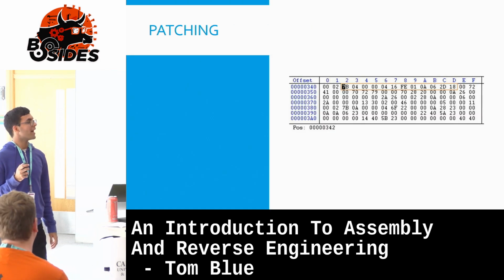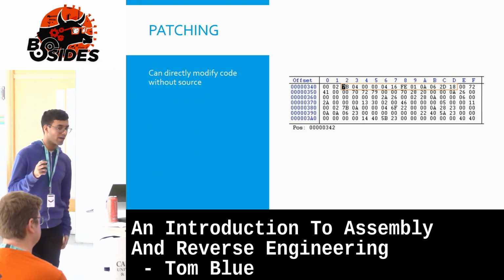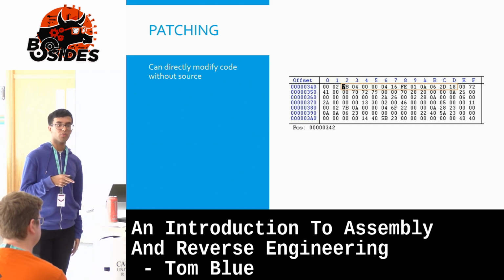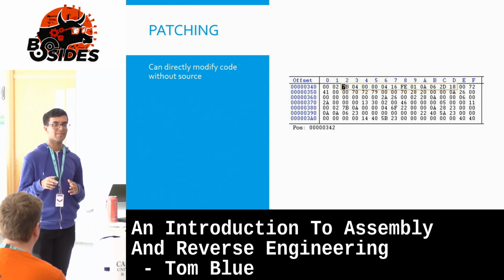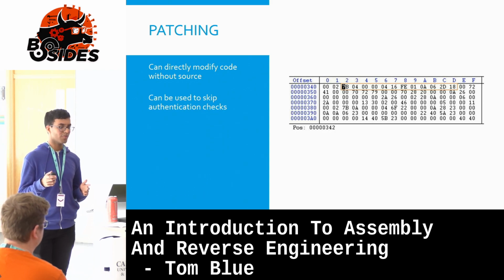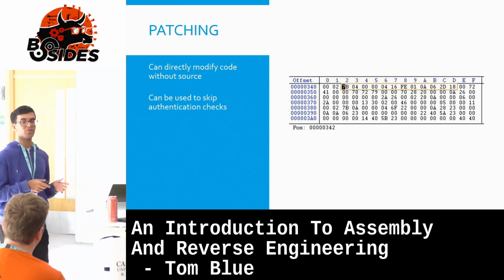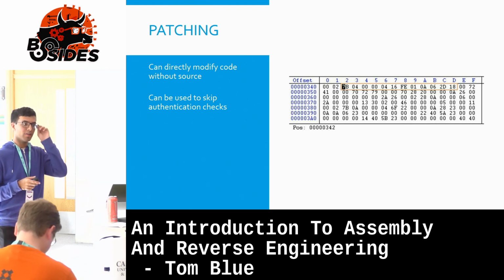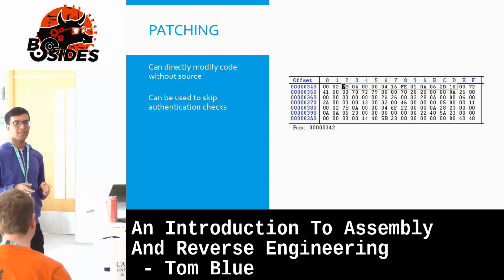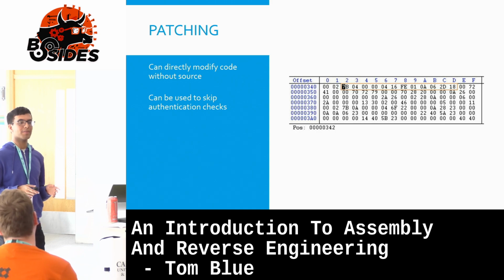So patching is where you directly modify the code without the source. You go through and you change individual instructions, which is really useful because you can skip authentication checks. You could change a conditional jump to an unconditional jump and cause certain checks to be skipped entirely.